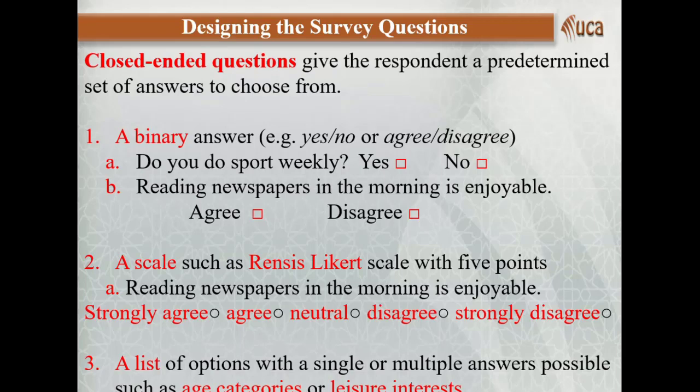Then also the researcher may choose a list of options, for example, in the age categories. So 5 answers are not enough. Or leisure interests, because there are long lists of leisure interests. So 5 or even 10 is not enough.